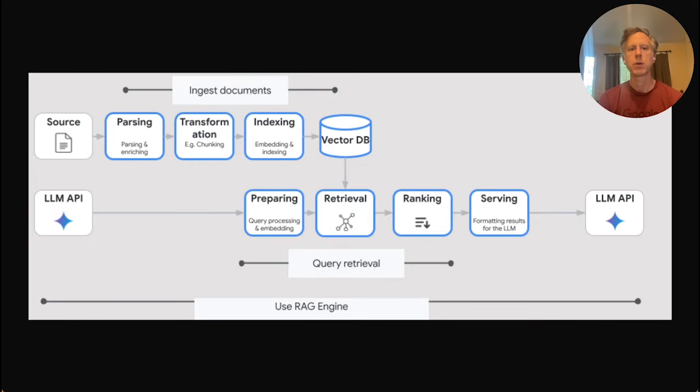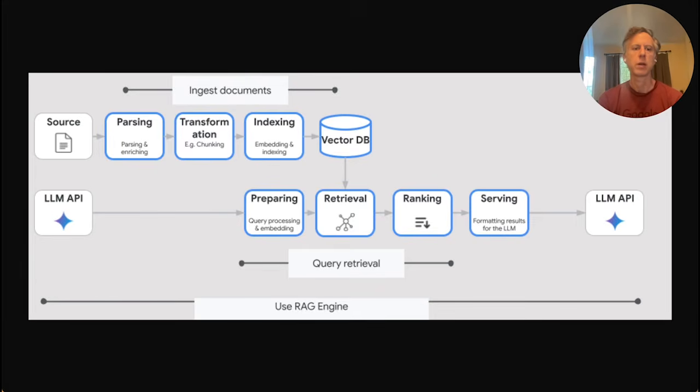Then you're going to transform them, or chunk them, by breaking them up into same-size pieces, potentially with some overlap between them so there are no seams. Next, you're going to index the data, which means you're going to convert them to embeddings and put them into your vector database. Your embeddings are mathematical representations of your data that represent what they mean semantically.